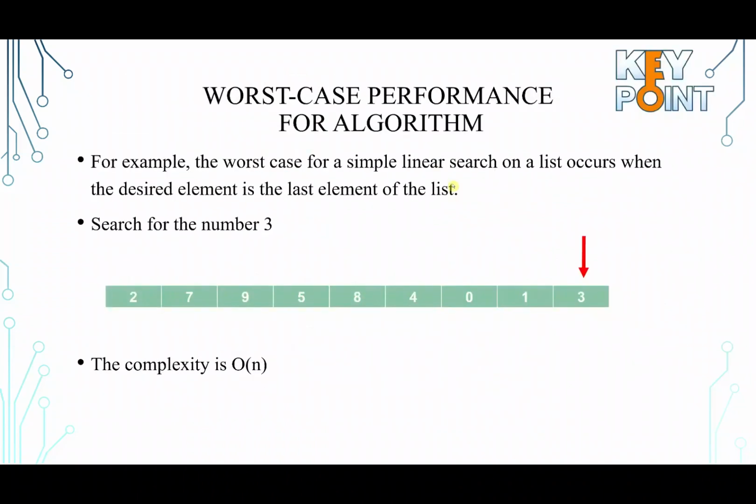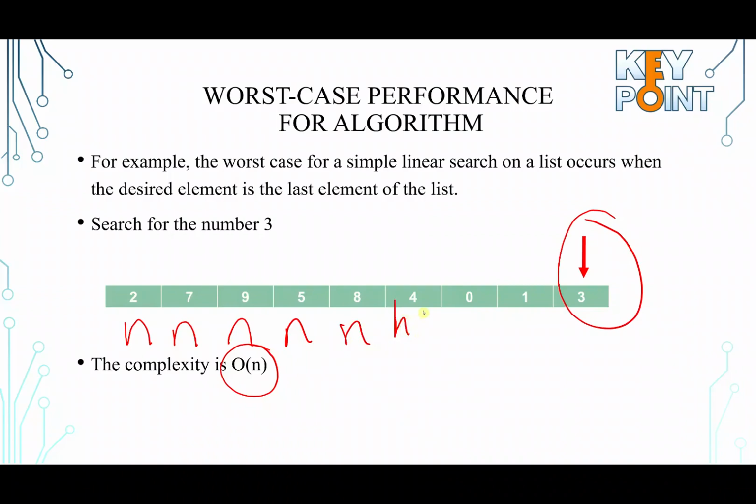So the worst case scenario might be finding that element at the very last, which took me n processes, right? n processes. If I have, for example, 9 elements like this, I visit 1, I visit this, compare that to 3.